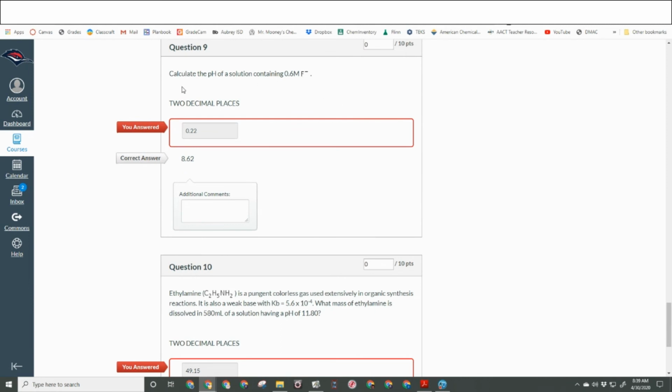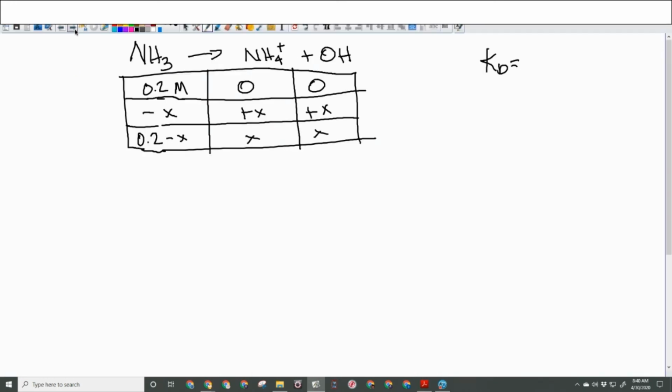All right, so this one is tricky. So let's go ahead and look at it. Calculate the pH of a solution containing a fluorine ion concentration at 0.6 molar. So you have a fluorine ion at 0.6 molar.